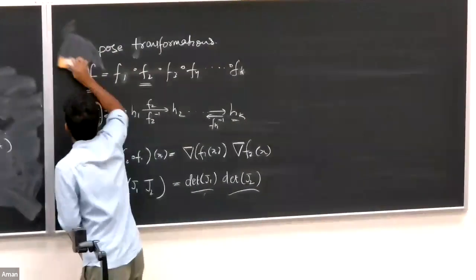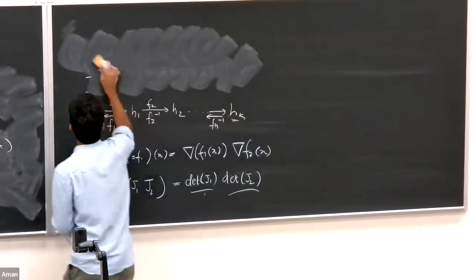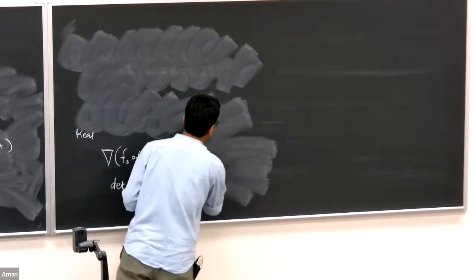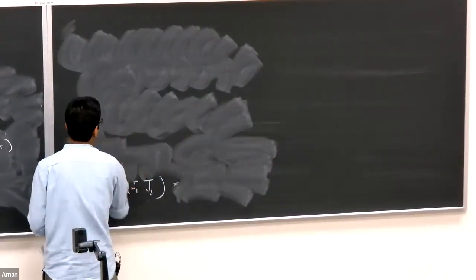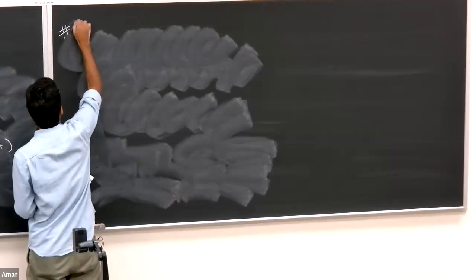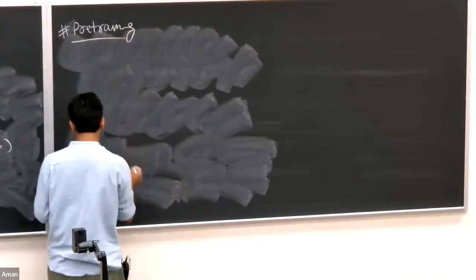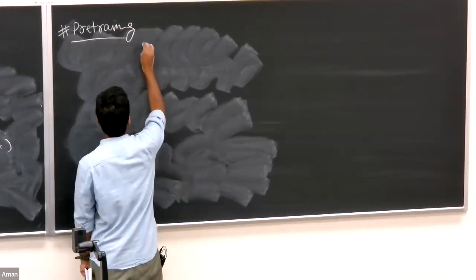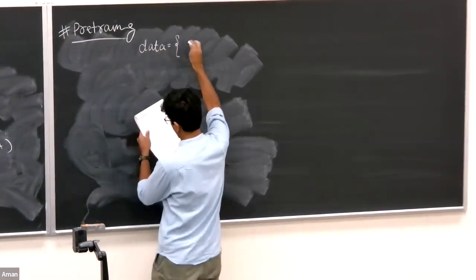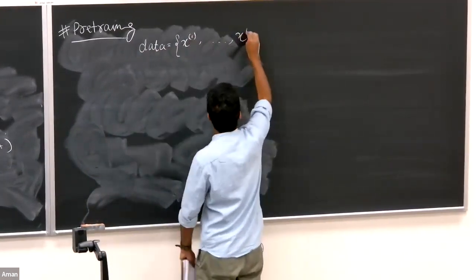Okay, so let's look at the pre-training step a little bit more in detail. Okay, so let's say we have a large data set, which has a bunch of examples, x1 to xn.